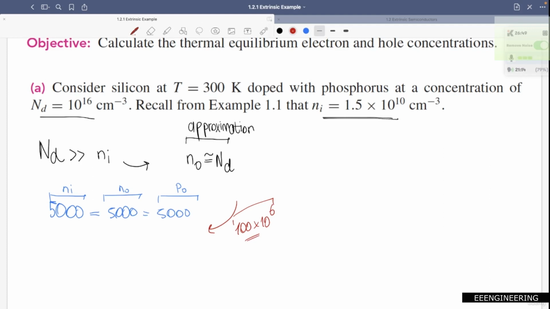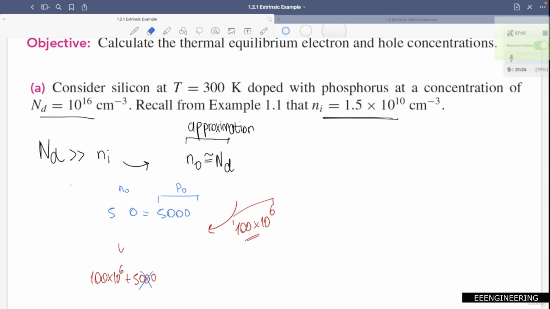So in the end, for the N0 value, you're going to have 100 million plus 5,000. What we are saying is that this 5,000 can be ignored, because we're making an approximation. Since we have 100 million, I don't care about 5,000. This is just an approximation, and this is the logic we have.